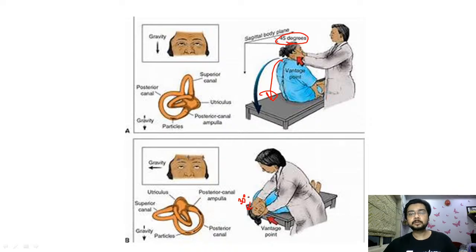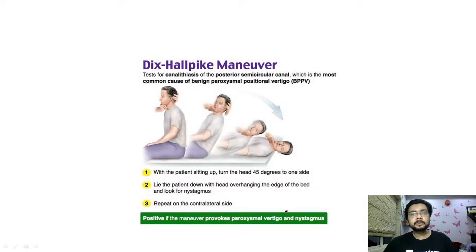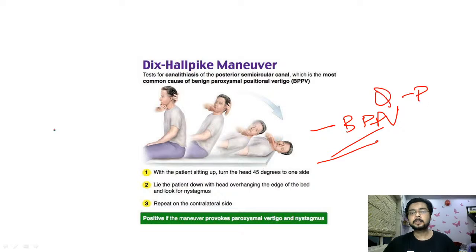This is done so that the canal comes into a vertical direction, and you observe for the appearance of nystagmus. You wait here for 1 to 2 minutes and observe for nystagmus. If nystagmus is present, you give the diagnosis of BPPV, and the most common type of BPPV, if asked, is posterior semicircular canal involvement. So the posterior semicircular canal is most commonly involved.